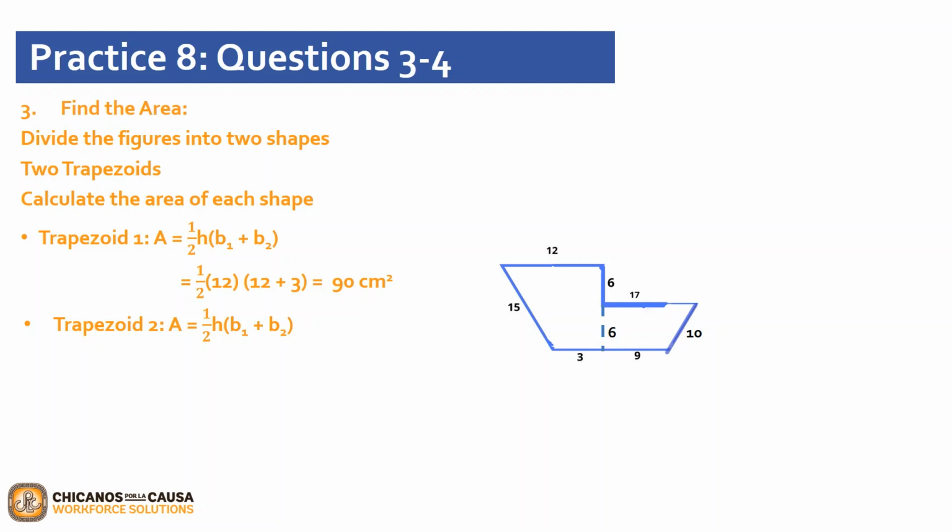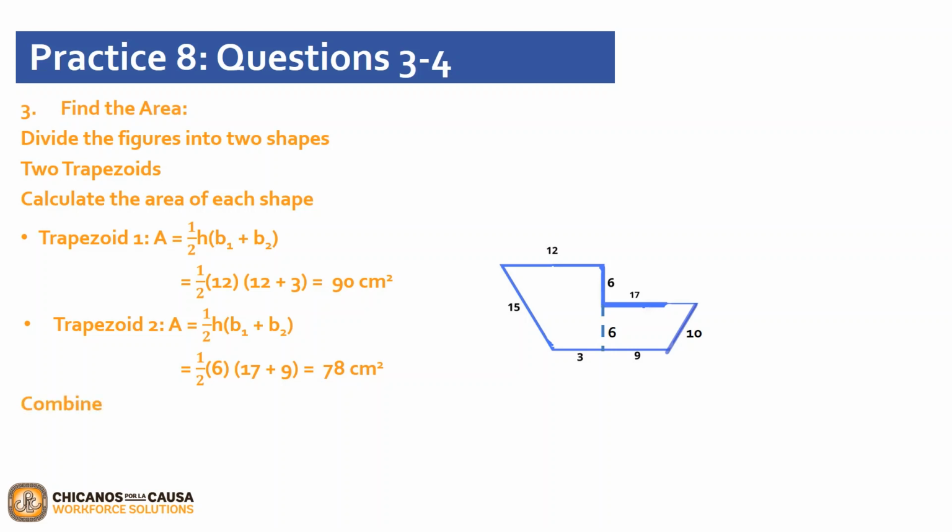Perfect. So now let's move on to finding the area of the second trapezoid, which is going to be on the right-hand side. So the area, once again, equals 1/2 times the height times base 1 plus base 2. So let's replace our variables with the values. We have 1/2 times 6.